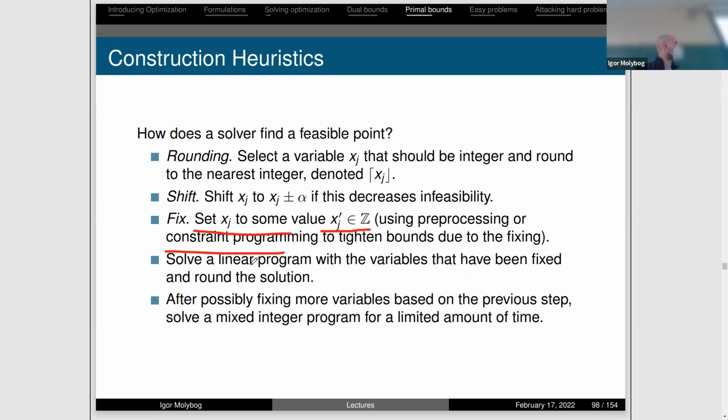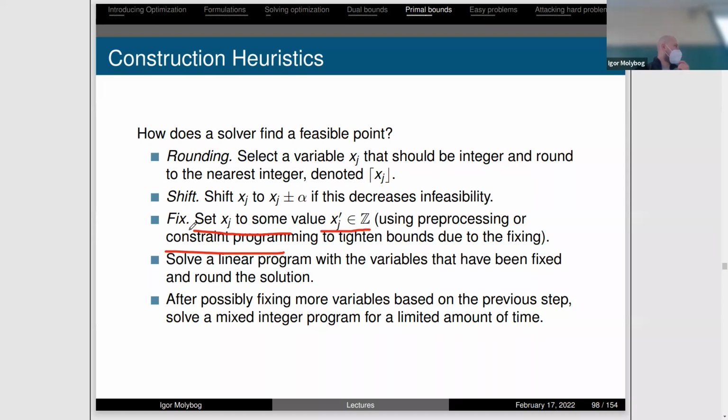So another approach is to solve a linear program with variables that have been fixed. Essentially, the idea of fixing can be extended to solution of relaxations. For example, you know that a particular component must be equal to a particular number, or you expect it to be equal to that number, and then you solve a relaxation instead of solving an IP.